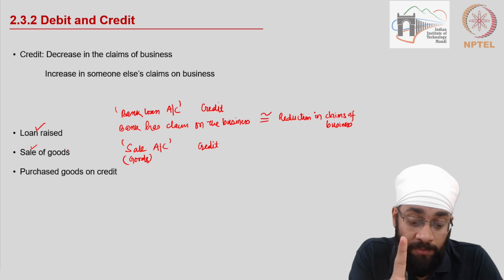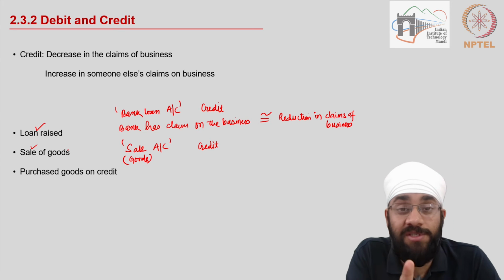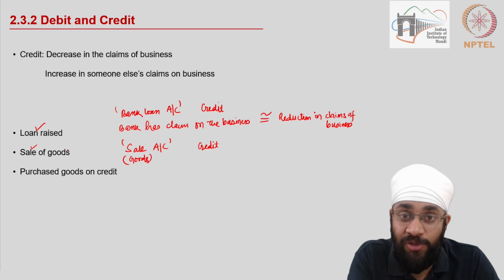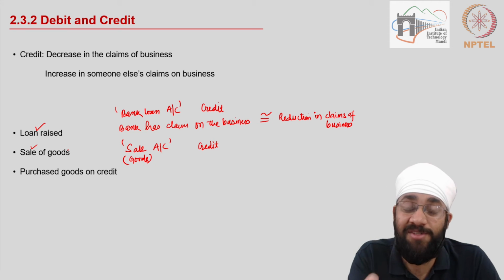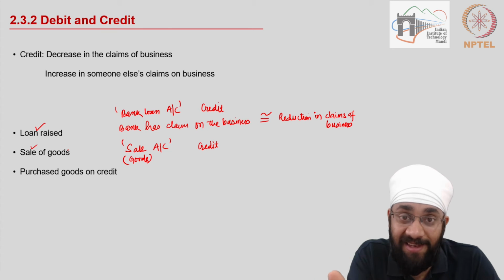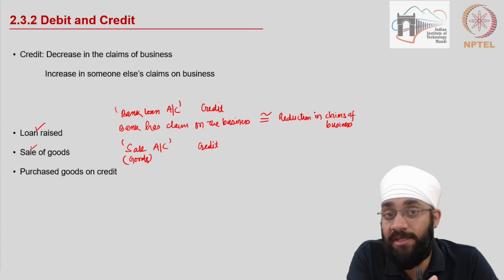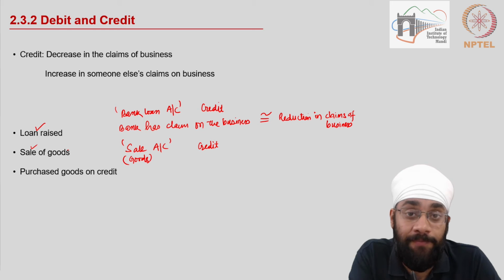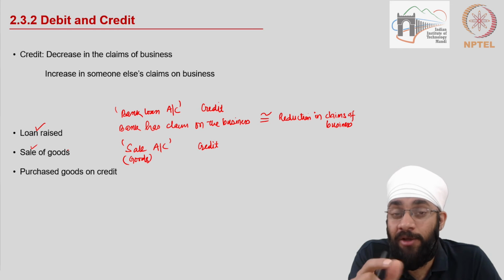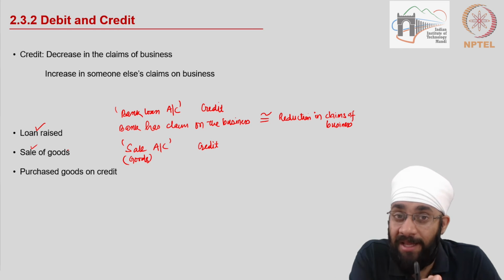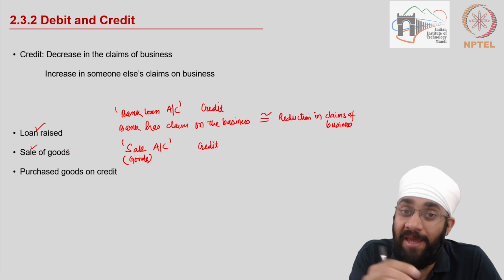Now, the point where people get confused is, hey, sales is my income. Money is coming in. It should lead to some positive sign. It should be debit. Please understand the two sides of the coin, right? Sales, goods are going out. Sales, money is coming into the business.